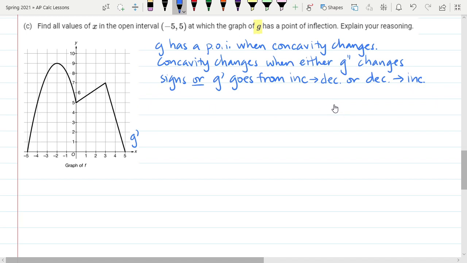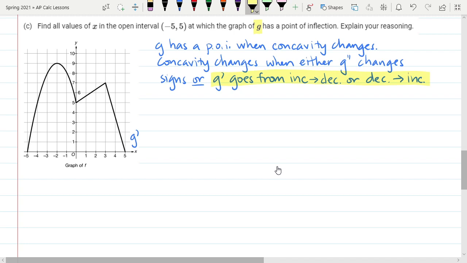So there are two different ways we might determine where we have a point of inflection. But because we're looking at the graph of g prime, it would make much more sense for us to look for this behavior. We want to see, where does g prime change from increasing to decreasing or decreasing to increasing? In other words, we're looking for relative extrema of g prime to determine where g changes concavity.